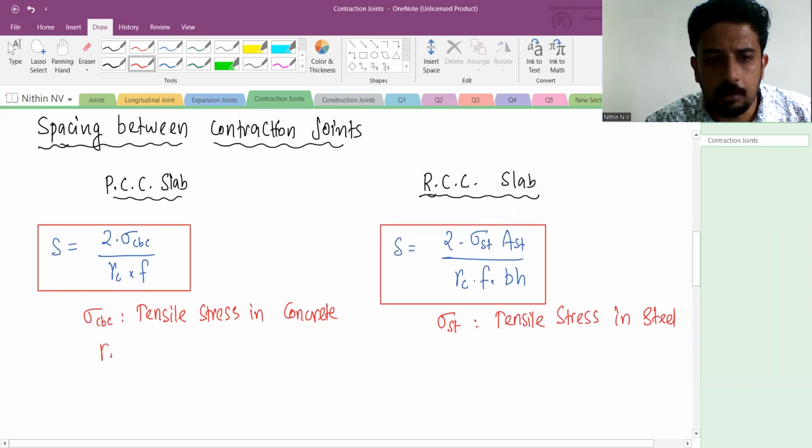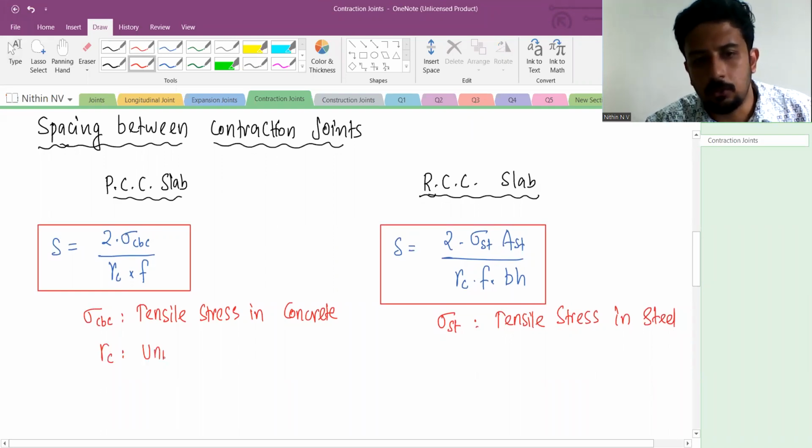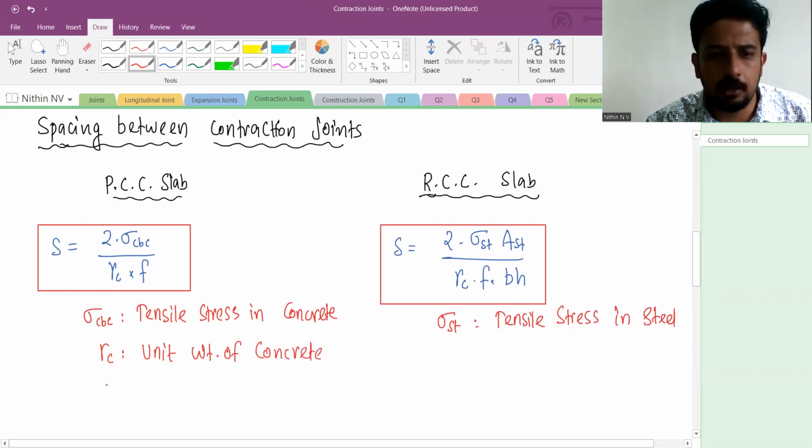Now, the common term gamma C. What is gamma C? Unit weight of concrete, in both places. Now, how much is the unit weight of concrete? Mostly they will give it in the question. Suppose they are not giving it, what value do you need to take?